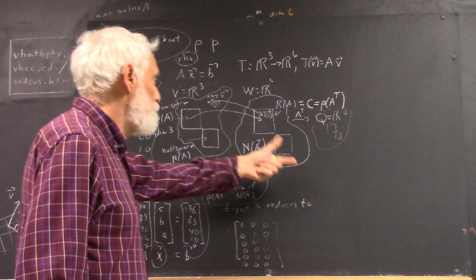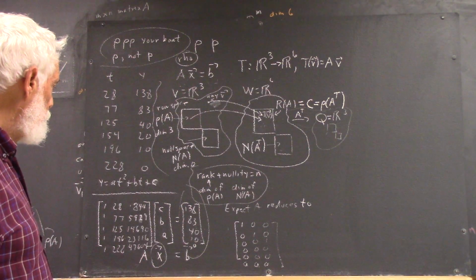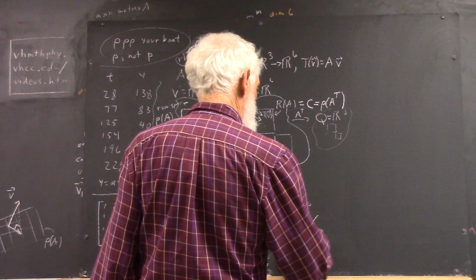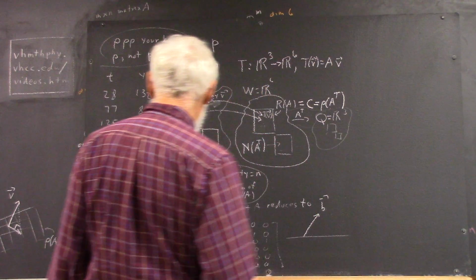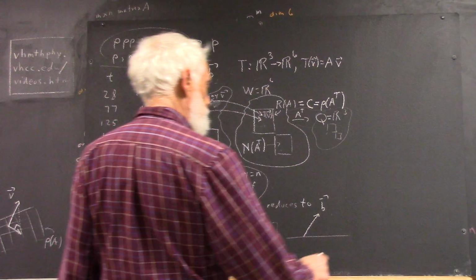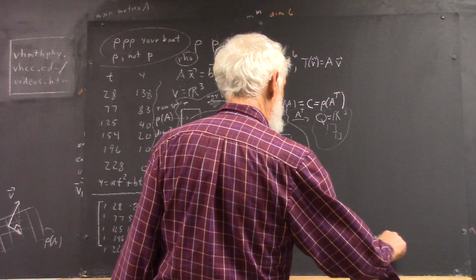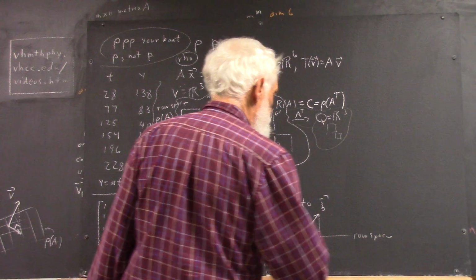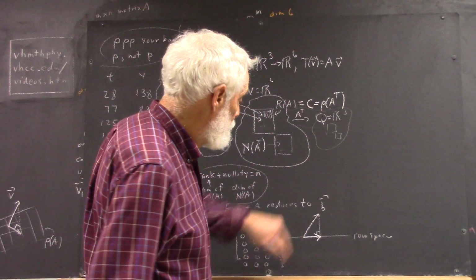well, we have to talk a little bit more about what this means, but the direct sum and so forth. It's an orthogonal projection. If we were to project the B vector onto the row space, this projection would give us the vector in the row space that's as close as possible to the B vector.